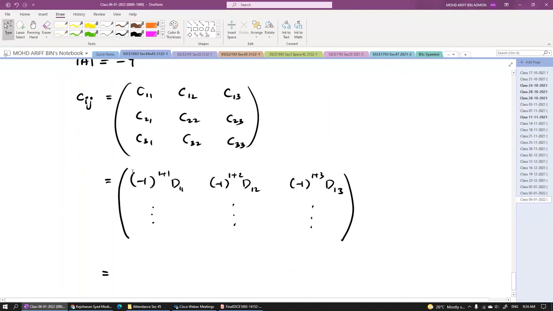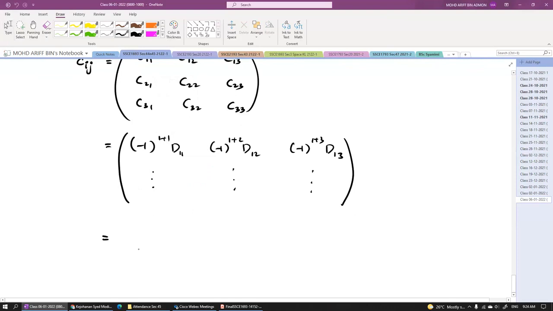Just the one that I want to highlight here, regarding -1 to the power of i plus j. This power refers to the position of the elements. To simplify your calculation, you can just give the sign based on the position. -1 to the power of 1 plus 1 is positive, so you get d11 positive. -1 to the power of 1 plus 2, odd number, so negative.